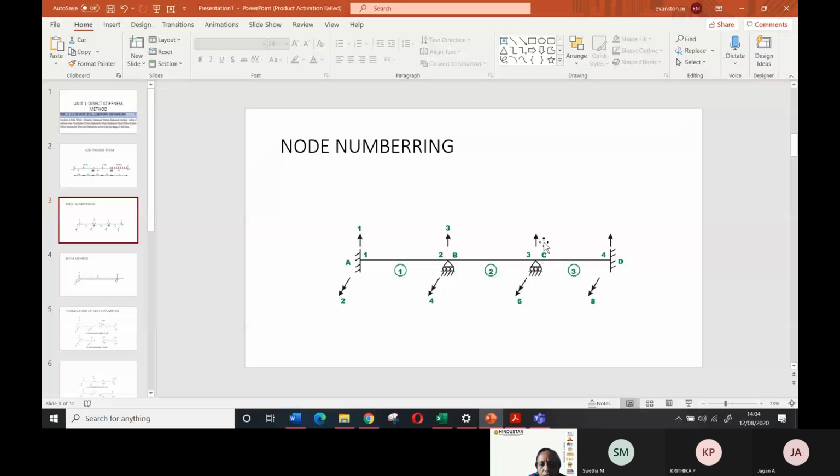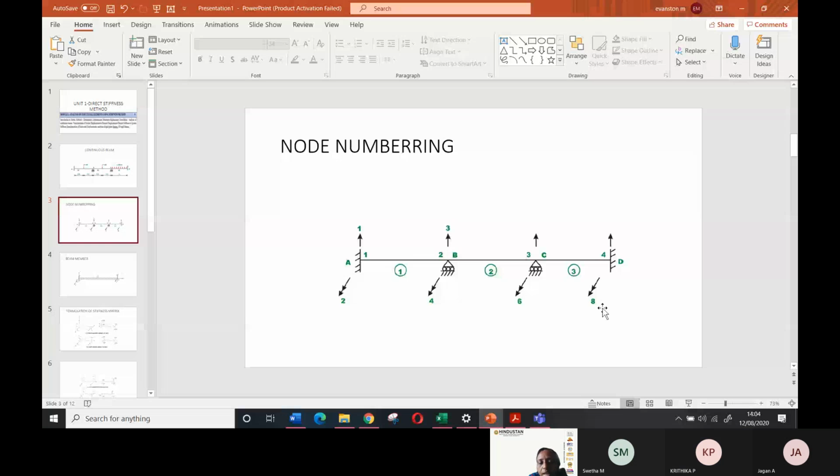Actually, displacement numbering is 5 and rotation numbering is 6. And for joint 4, the displacement numbering is 7 and rotation is 8. If you have learned this, 10% of your first unit is over.